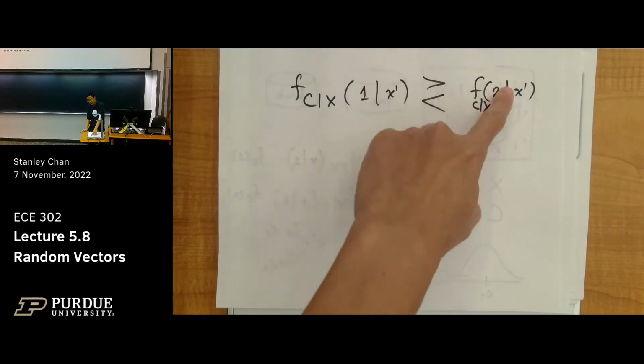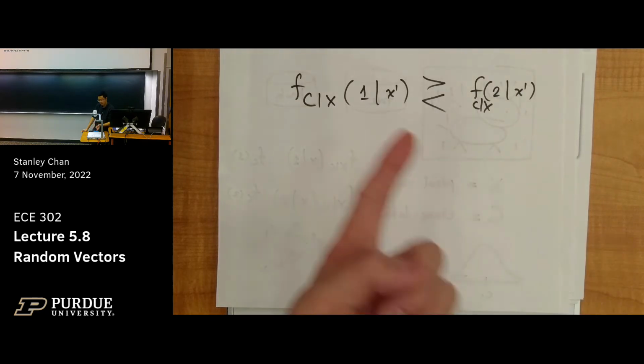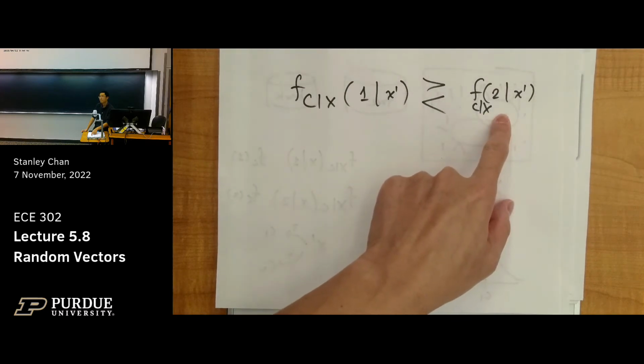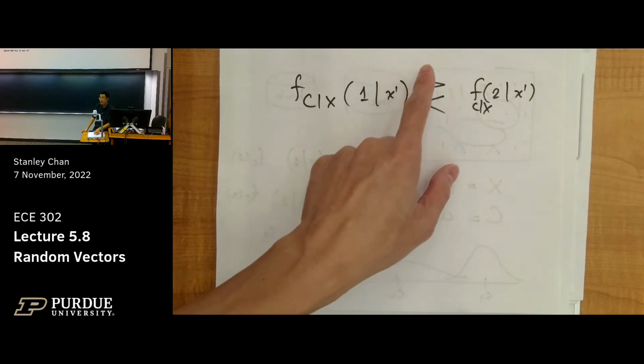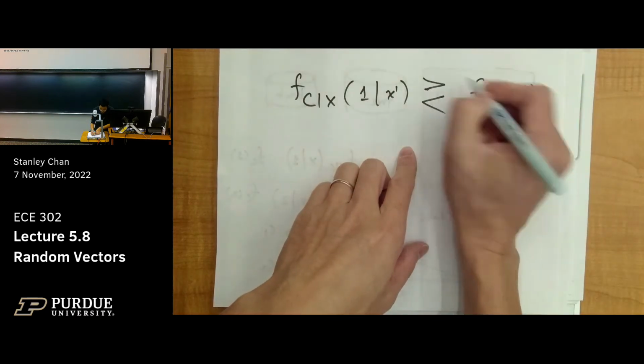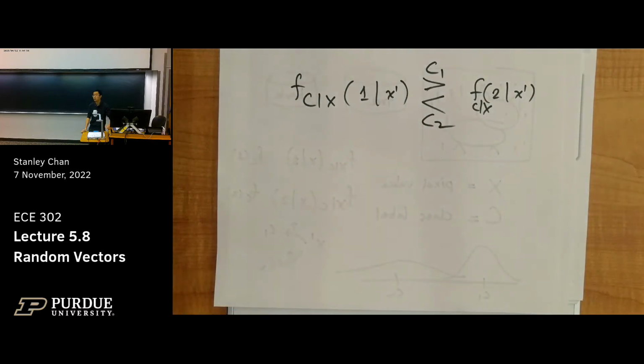If this is bigger than that, what are you going to assign? Class C1 or class C2? You can assign the pixel to be foreground, background. What would you assign? If this is bigger than that, you assign it to be class C1 or class C2? C1, okay? If this is bigger than that, you assign it to be C1. The other way, you assign it to be C2.